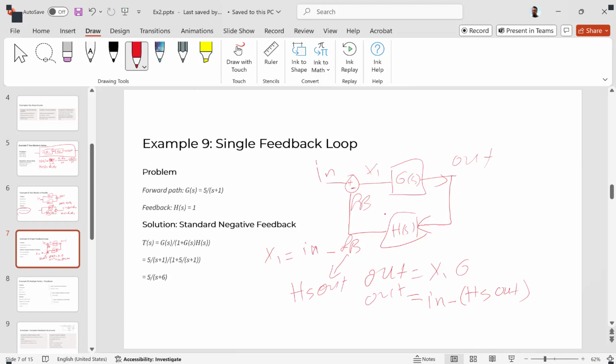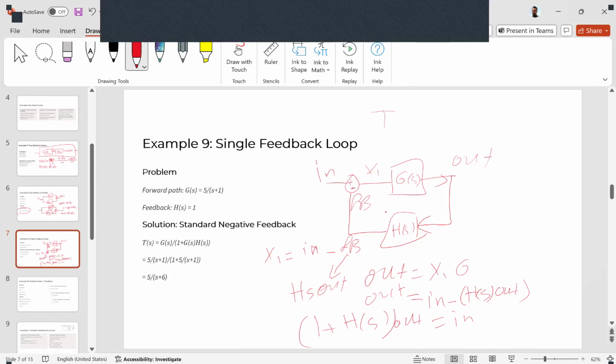So if you move the output to the same side and input to the other side of the equation, you would have 1 plus h of s times output, correct, is equal to input. So what would be the ultimate transfer function?